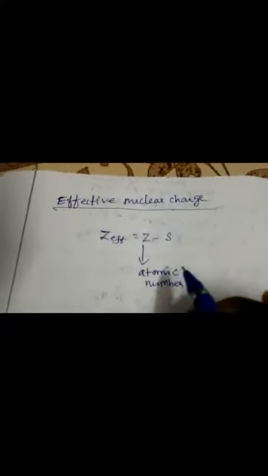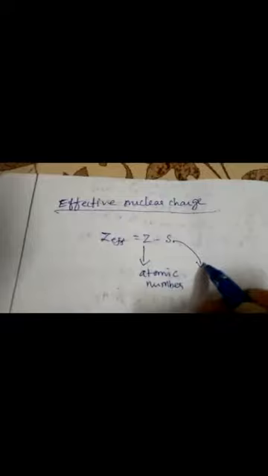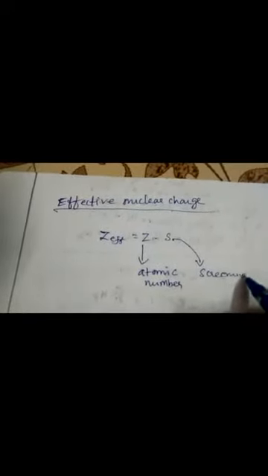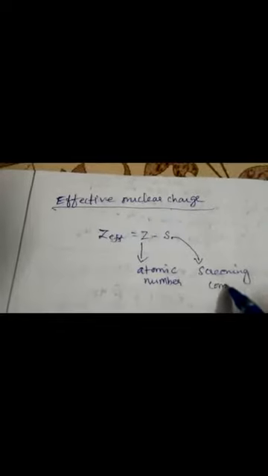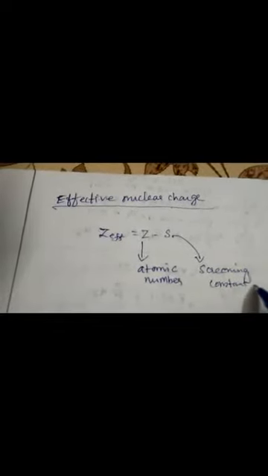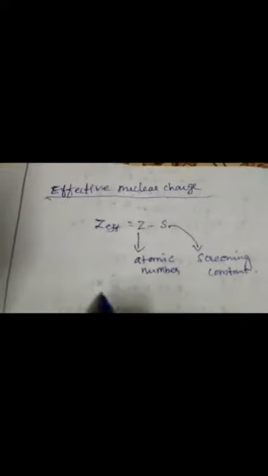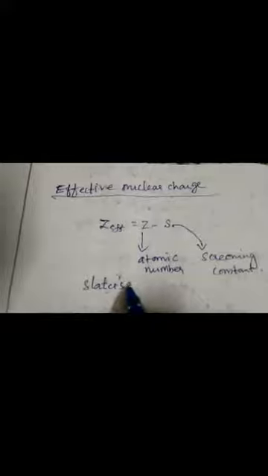S is called screening constant. That we calculate using Slater rules.